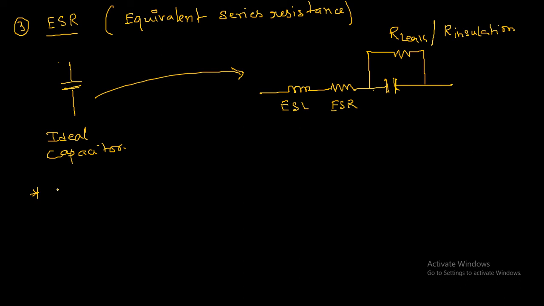Now the equivalent series resistance is the effective ohmic resistance that exists between the connectors of the capacitor. It combines all ohmic components. If you look at the capacitor construction, there are foils which wrap around the electrodes.